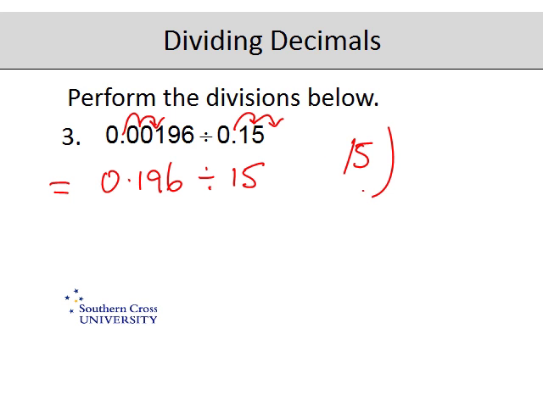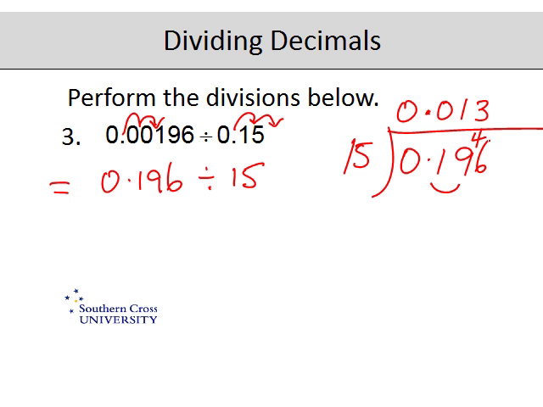So it's now 15 into 0.196. 15 into 1 won't go. Across the decimal point, put it up the top. 15 into 1 won't go, but 15 into 19 goes 1 and 4 over. 15 into 46 will go 3 times, and there'll be 1 left over.